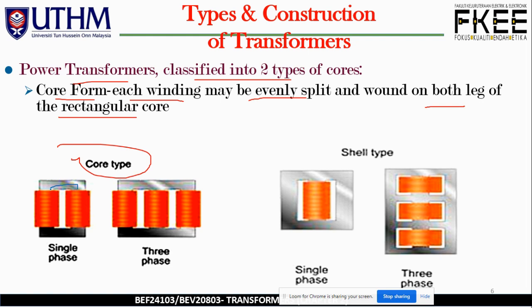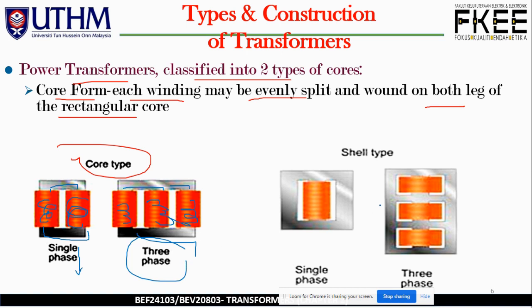We have two legs over here being wound by a coil. Here, we can have three legs core and three sets of winding. So this is for single phase, and here is for three phase.